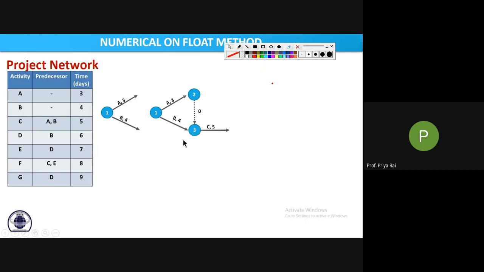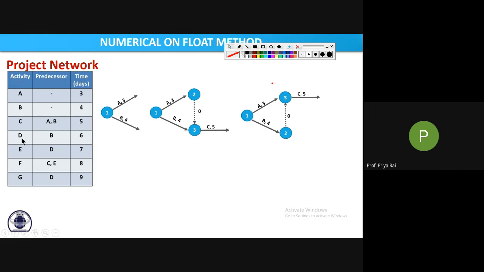We can draw in this way or in this way also. Both are correct, until we draw the next activity.